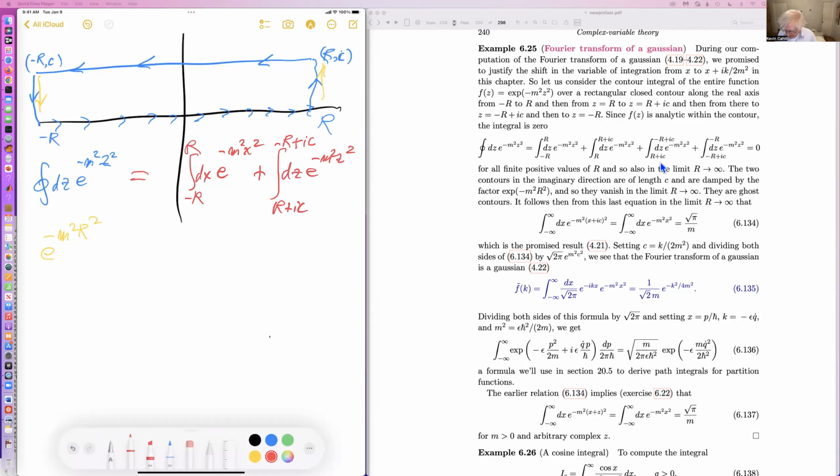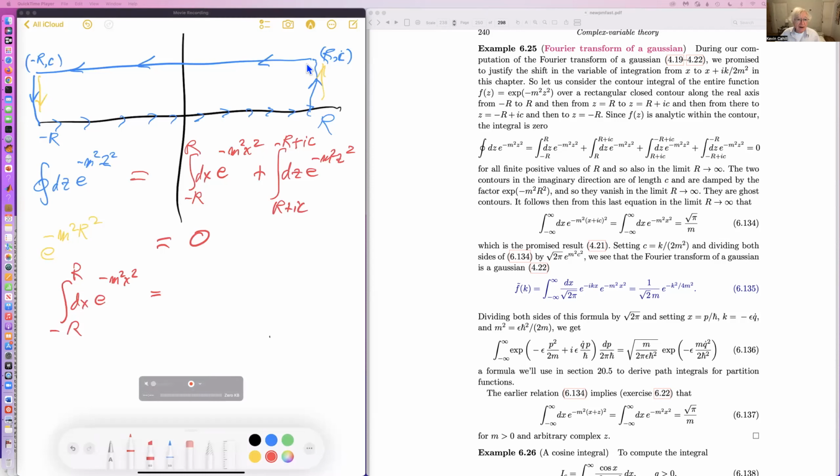On the other hand, this is an integral of an entire function. E to the minus m squared z squared is analytic everywhere. And so the sum of those two is equal to 0. And that tells us then that the integral from minus r to r dx e to the minus m squared x squared is equal to the integral along this contour, which is not a ghost contour.